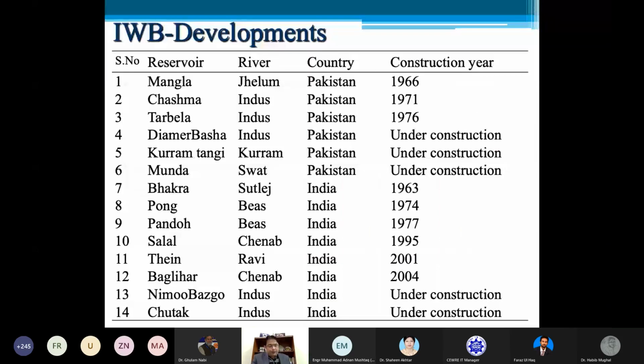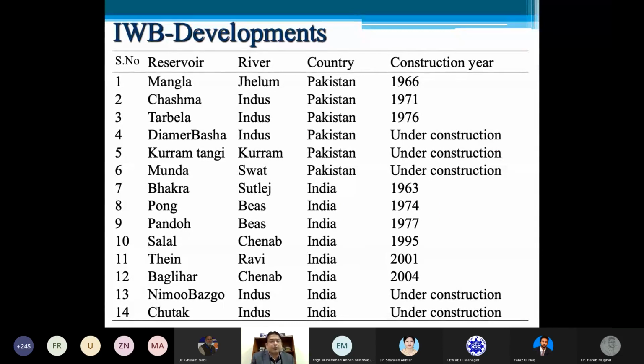A few reasons for this: we have developed a number of reservoirs on both sides of the Transboundary Indus Basin, including Mangla, Tarbela, and Pakhra, Pong, and Pondo Dam, which were built on the Indian side. But new dams are also under construction, that is Diamer Bhasha and Kurram Tangi, Manda on the Pakistani side.